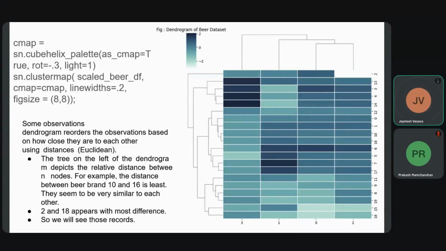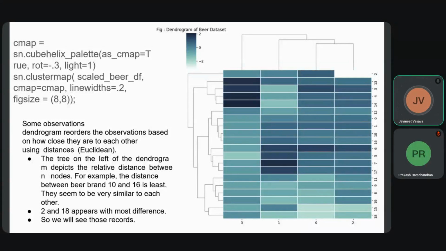Remember that we had 0 to 19 observations or indices to represent the different brands. You can see on the image, on the very right, we have those numbers, and depending on the distances from each other, we can talk a bit about the similarity and the dissimilarity.